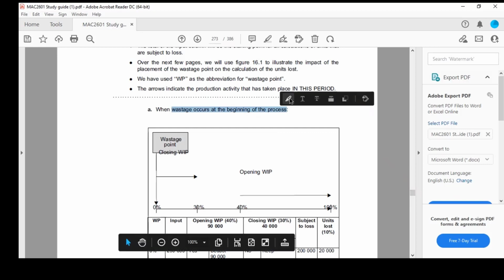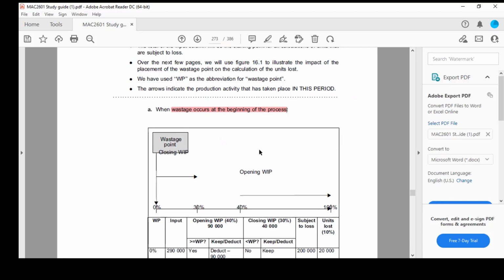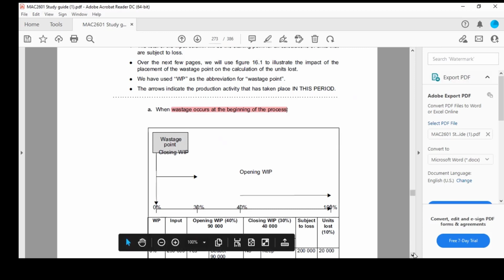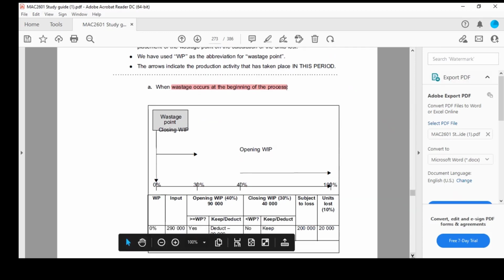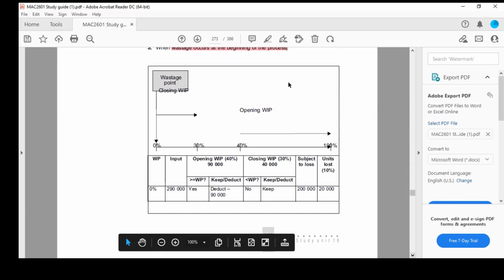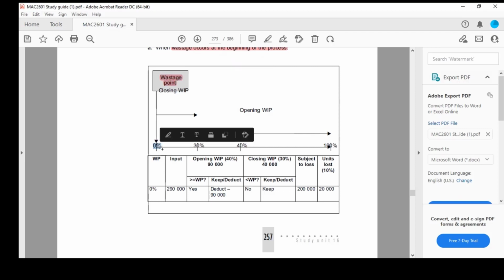When the wastage occurs at the beginning of the process, the wastage point happens where there's 0%. Your opening WIP is 40% complete, right? And your closing is 30%.